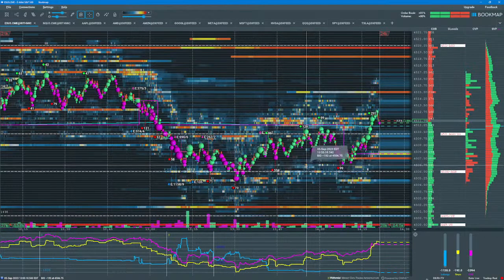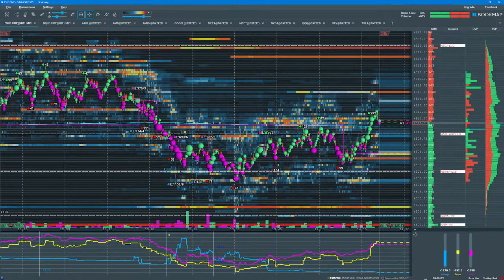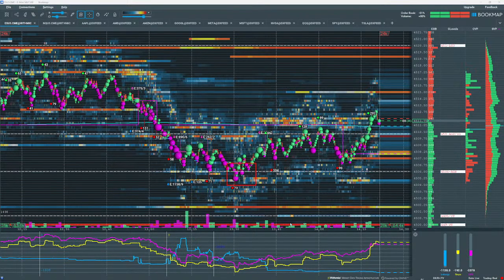We'll zoom in. So as options traders started taking positive delta positions right at that 4,500 level, it took a while.